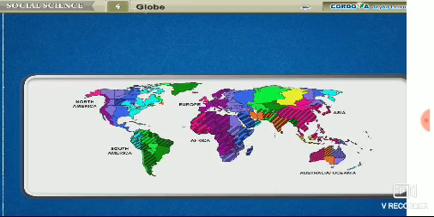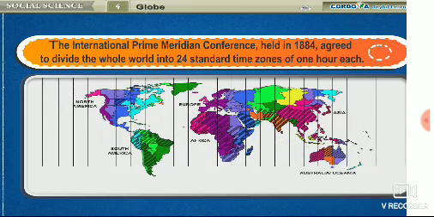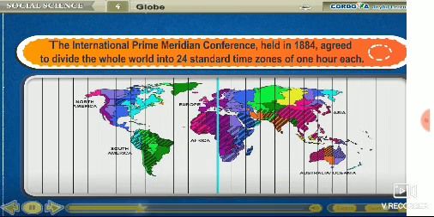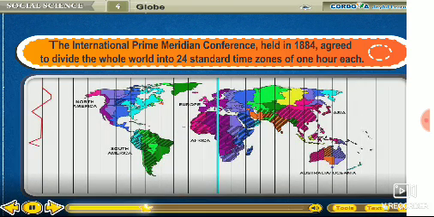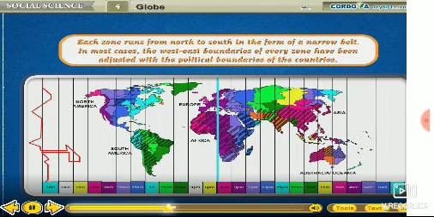Therefore, to solve this problem, the International Prime Meridian Conference held in 1884 agreed to divide the whole world into 24 standard time zones of 1 hour each. Each zone runs from the north to south in the form of a narrow belt. In most cases, the west-east boundaries of every zone have been adjusted with the political boundaries of the countries.